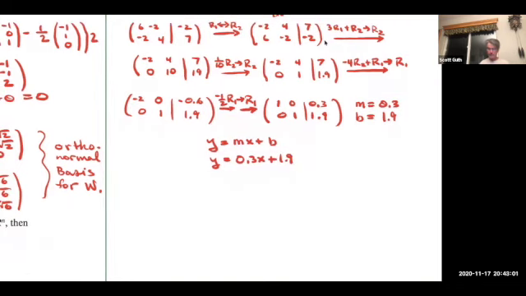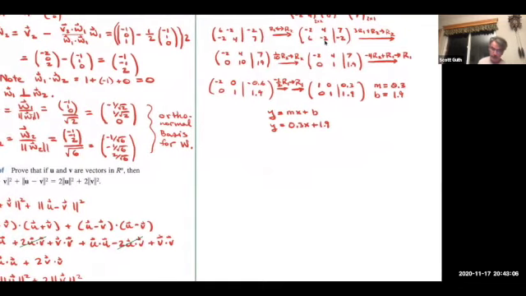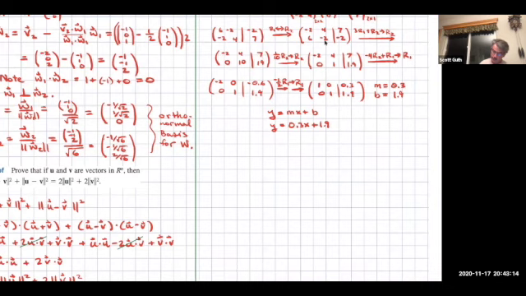Okay, now they're asking us to graph this, and the points. So I'm going to go ahead and put in some graph paper real quick. Okay, so let me put a coordinate system in.